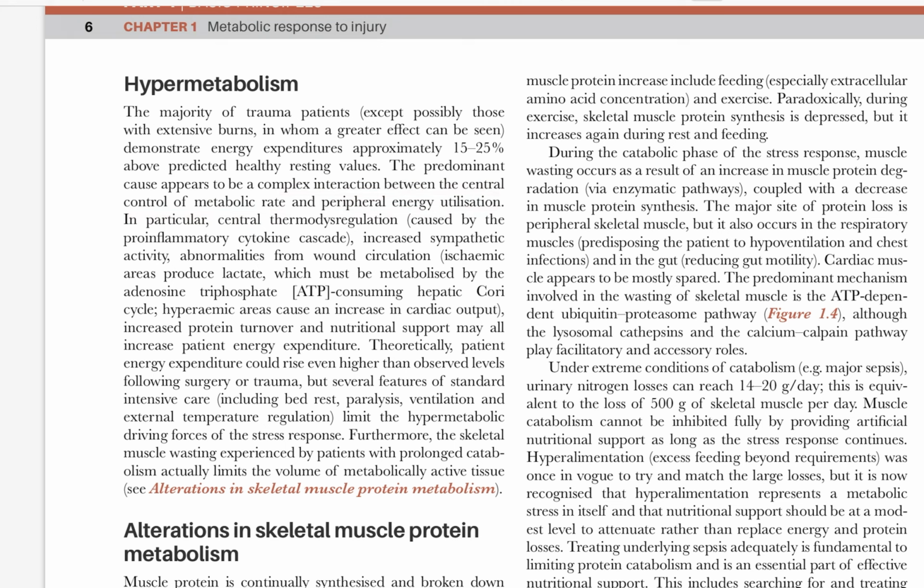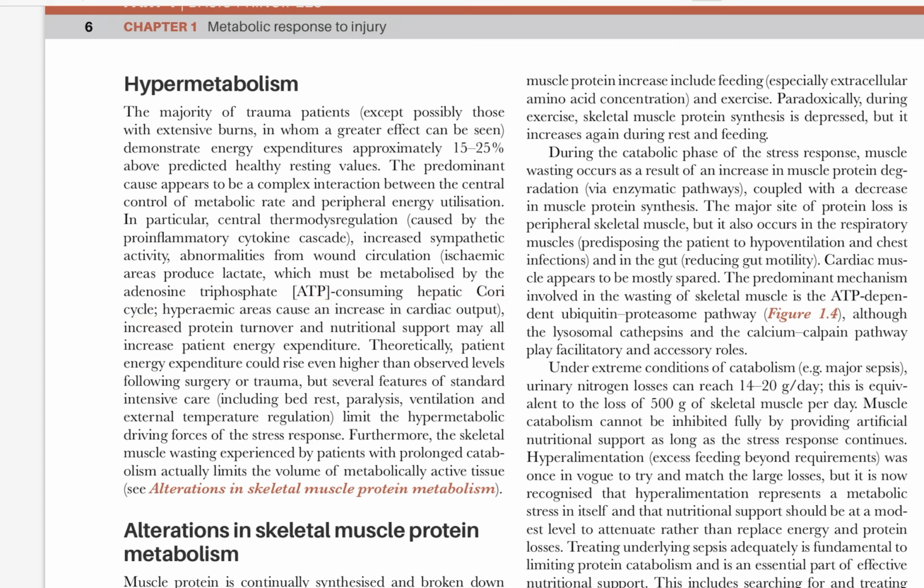In particular, central thermodysregulation caused by the pro-inflammatory cytokine cascade, increased sympathetic activity, and abnormalities of wound circulation. Ischemic areas produce lactate, which must be metabolized by the ATP-consuming hepatic Cori cycle.